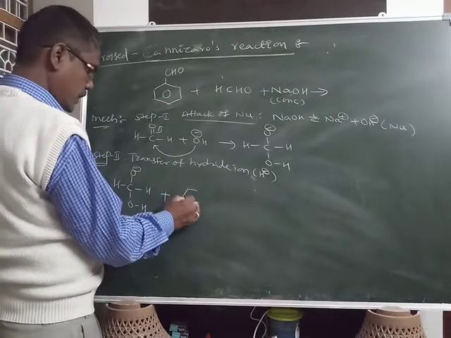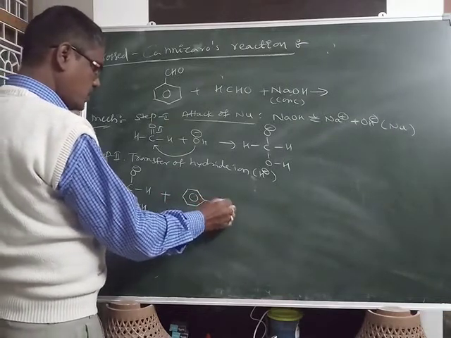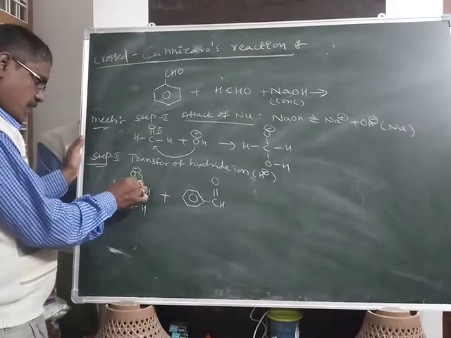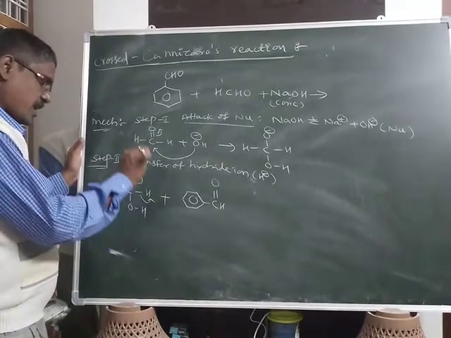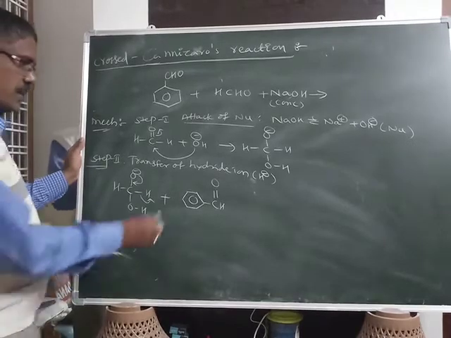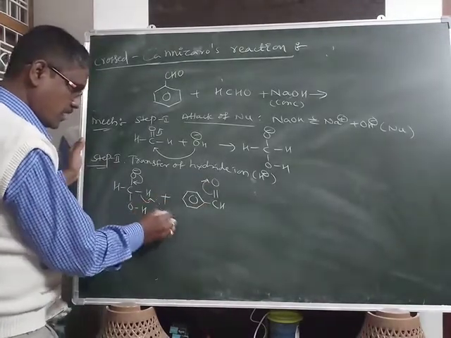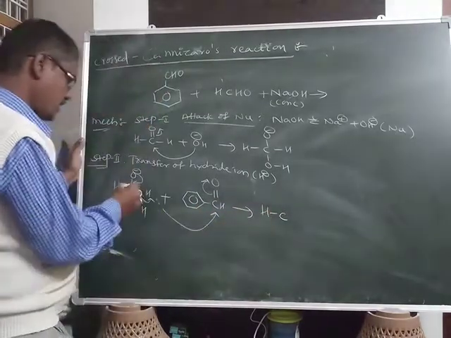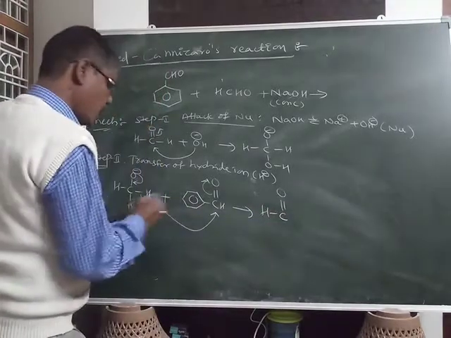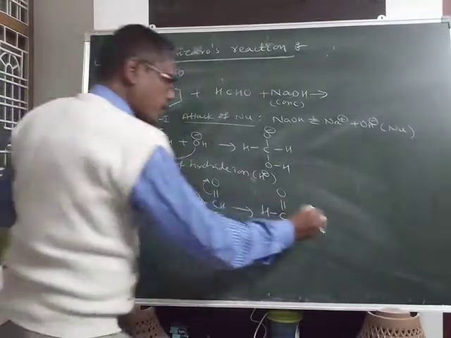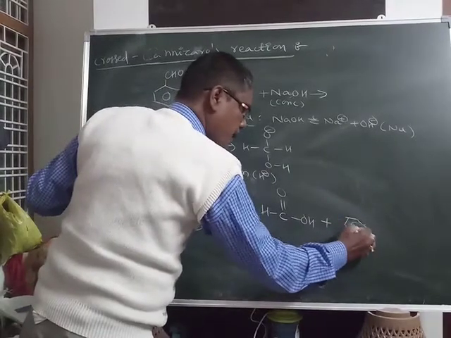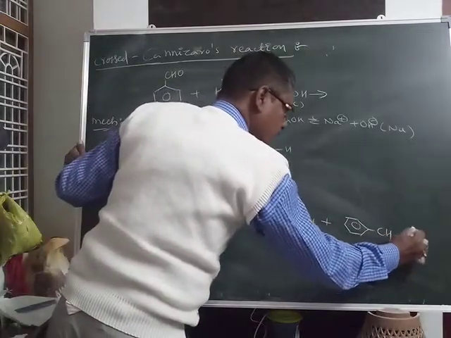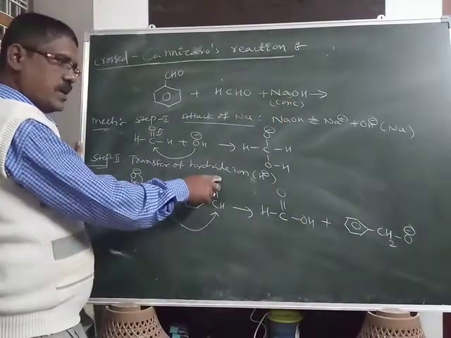This is the benzaldehyde, CH double bond O. Now by shifting of this one, the hydride ion is transferred. The hydride ion is now added to this one. That's why the new product is this one, with benzene ring, CH2, one hydrogen added, and O minus.